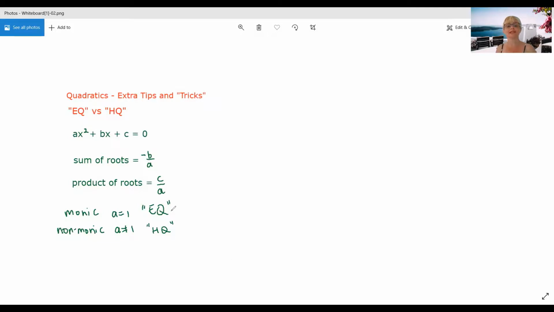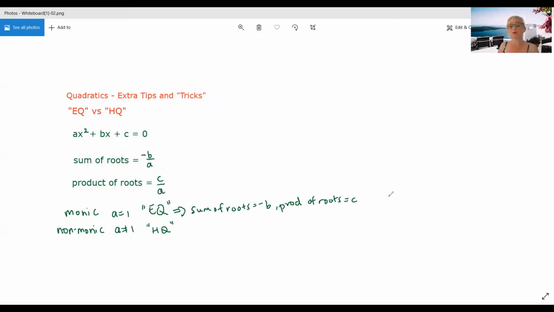However, it is obviously quicker and easier to do an EQ because you can, in theory, go straight to your brackets. Just bear in mind this information above, sum of roots and product of roots. If you have an EQ, then a is 1. So the sum of your roots is just negative b, and the product of your roots is just going to be c, because a, of course, is 1.